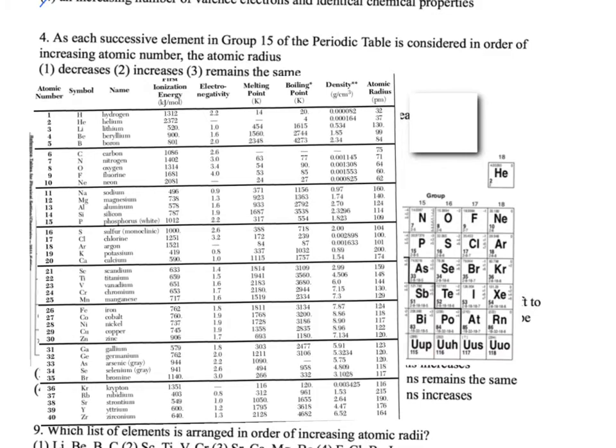On the reference table, we can simply circle the atomic radius of group 15 elements, beginning with nitrogen, phosphorus, and arsenic. When we look at these numbers in order of increasing atomic number, we see the atomic number going from 7 to 15 to 33. We see that the atomic radius also increases.